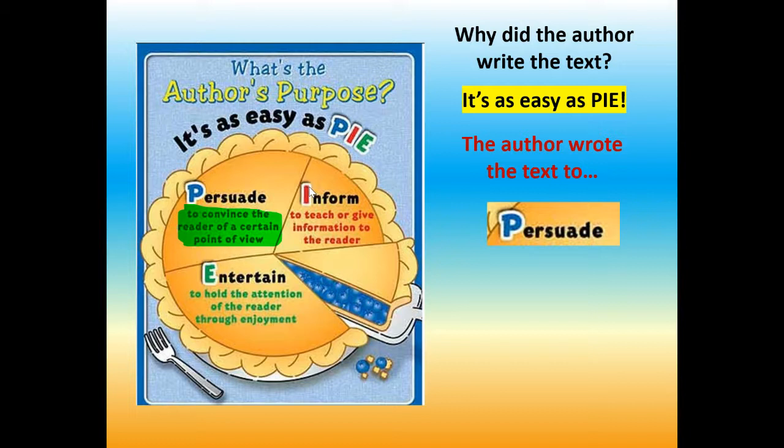Did the author write Lucia's Neighborhood to convince everyone that Lucia's Neighborhood is the best and you should only live in Lucia's Neighborhood? Or did the author write the book to inform? Inform means to teach or give information to the reader.